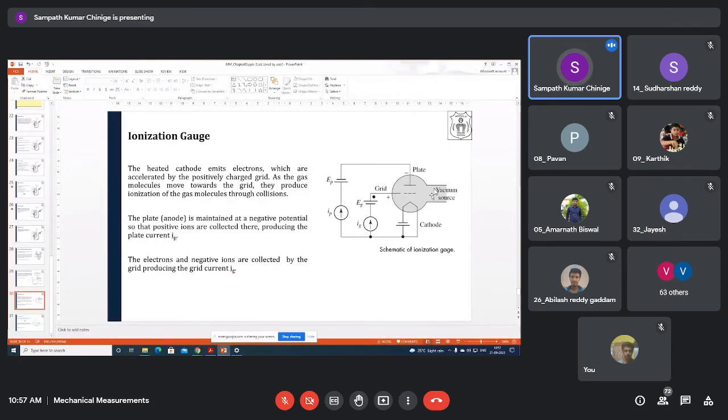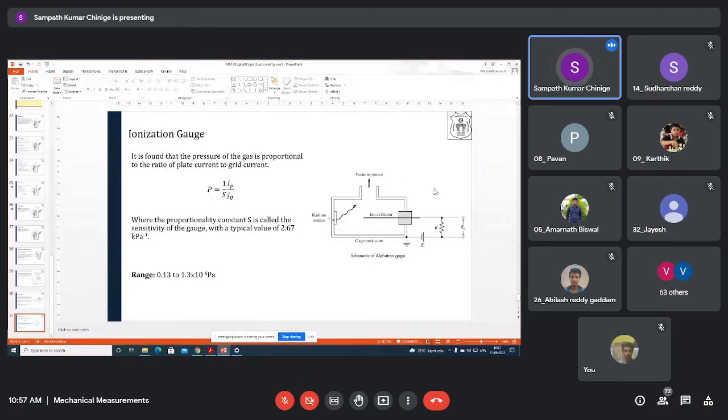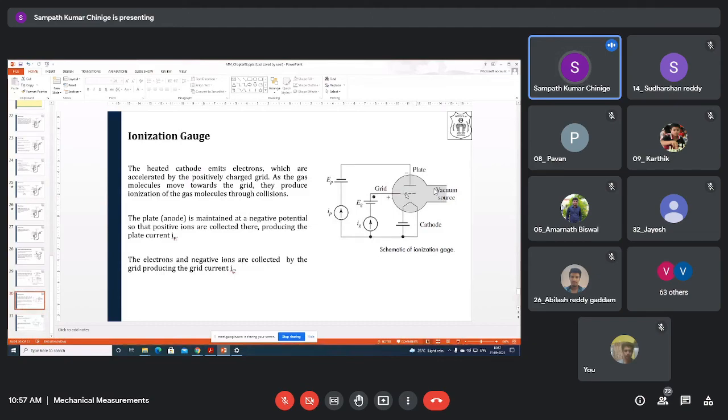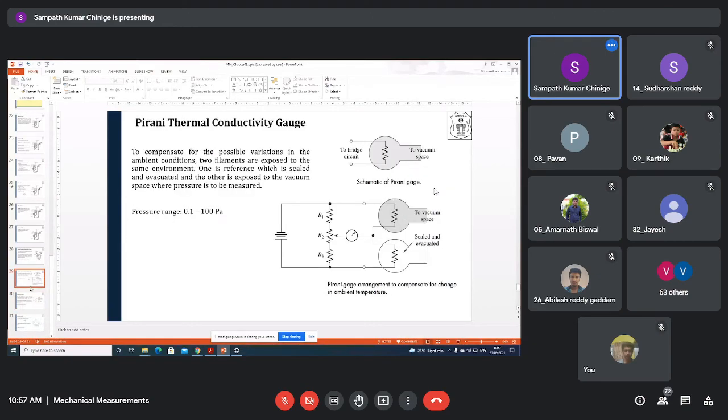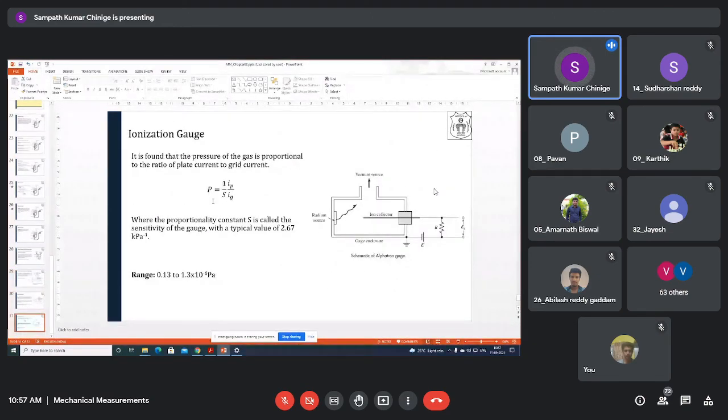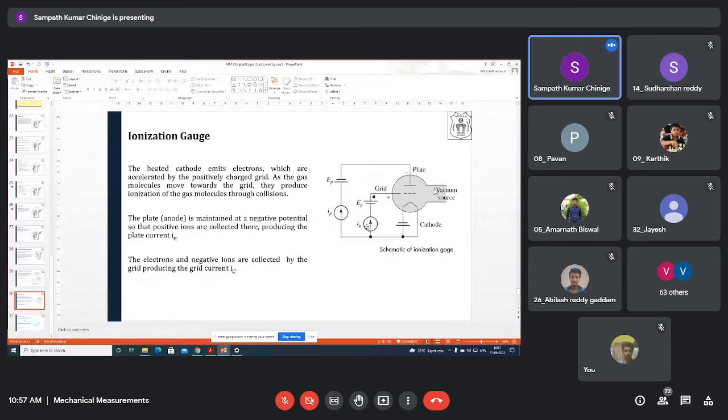For example, 100 pascals. For 100 pascals, you find out the IP and Ig. Keeping them in the expression, pressure, IP by Ig, you get your sensitivity for that pressure. Similarly, you go on varying your pressures and get S. Now, when you are using unknown pressures, you directly keep the S value over here, and from the IP and Ig you get the absolute pressure.